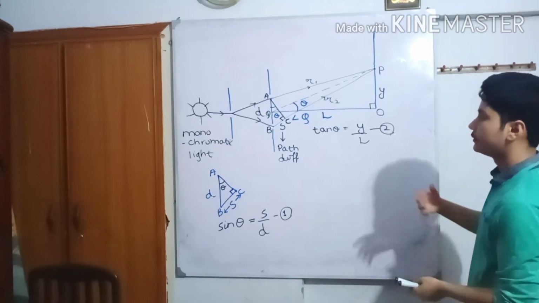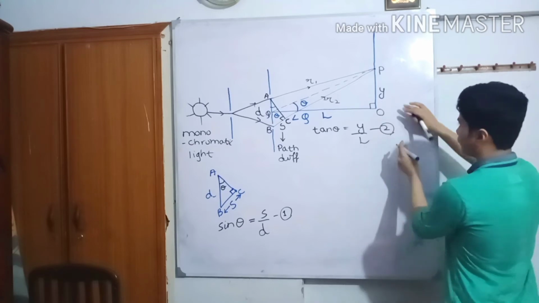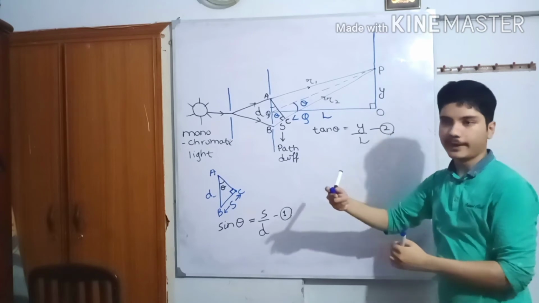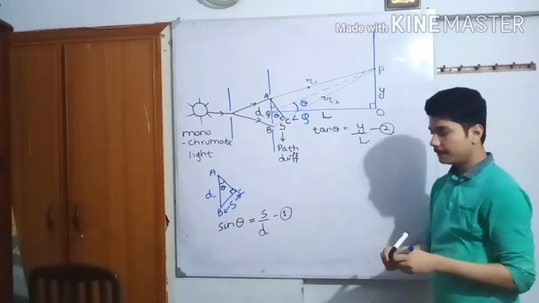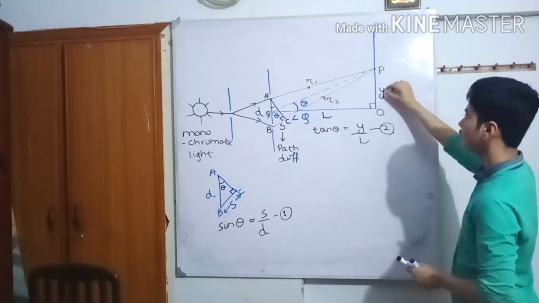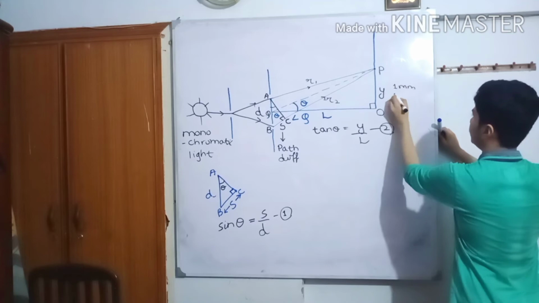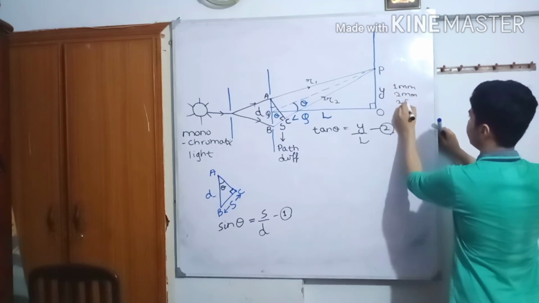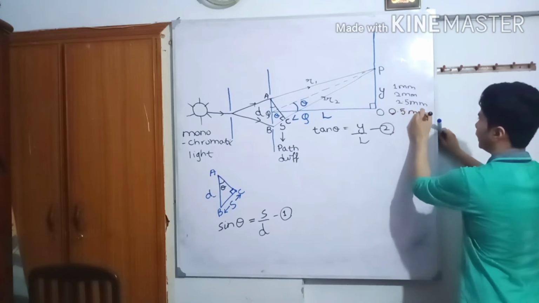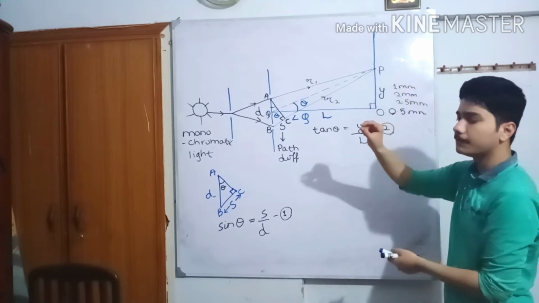Alright, these interference fringes, let's see how to compare. You haven't performed this experiment with your own hands and eyes. But when you perform this experiment, these interference fringes will be produced at 1 millimeter height, 2 millimeter, 2.5 millimeter, maybe 0.5 millimeter height above the origin. So as you can see, these interference fringes are much smaller.